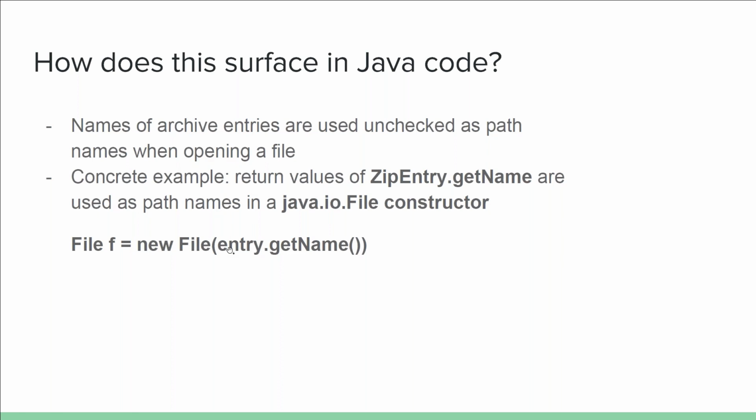So the line that you see right at the bottom here, File f = new File(entry.getName()), would be a vanilla and very condensed example of this kind of vulnerability. Of course, it might be that entry.getName is called much further up, and that it propagates through a bunch of transformations before it eventually reaches the constructor of File. But this condenses what we're looking for.